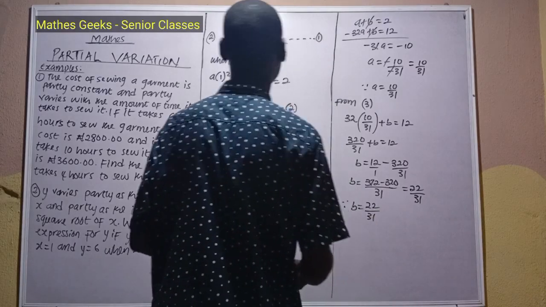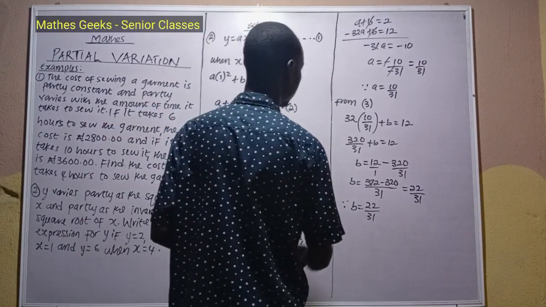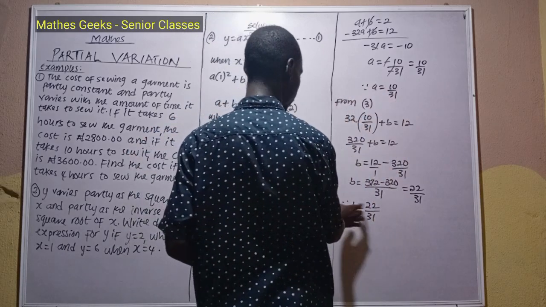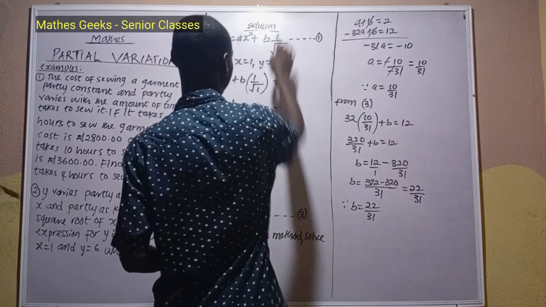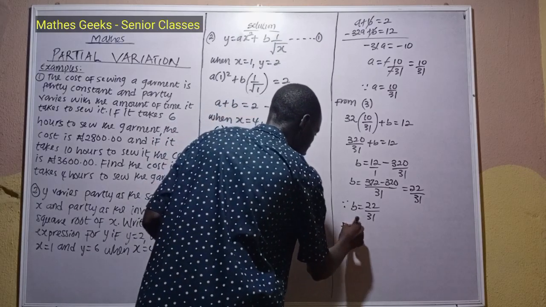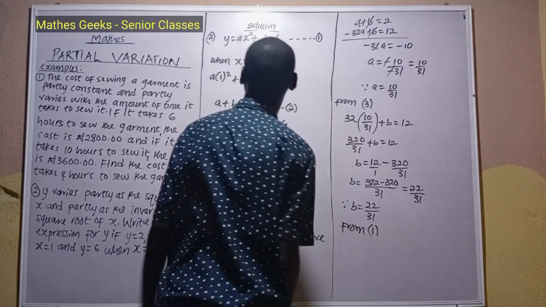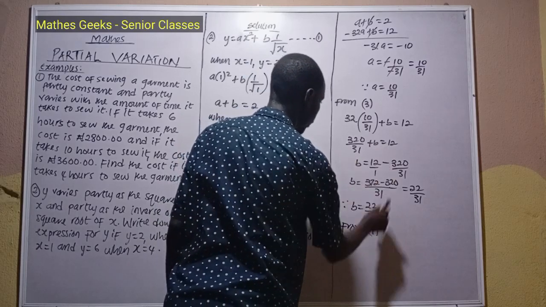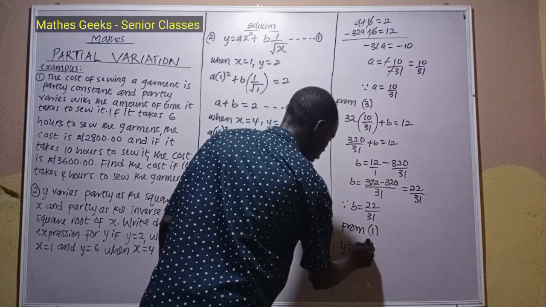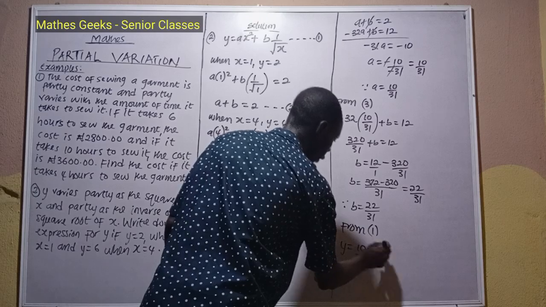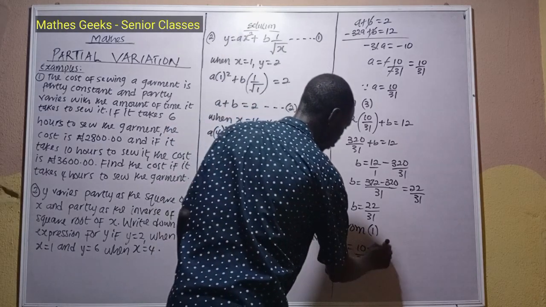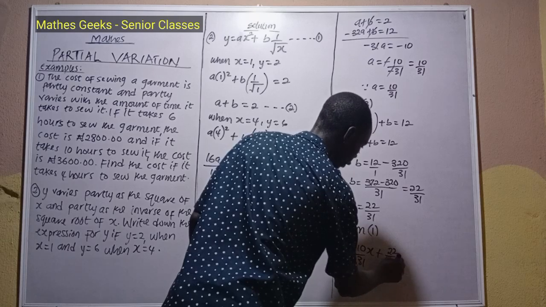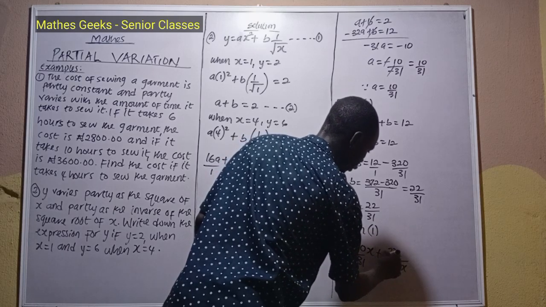So now we've gotten the values of the constants a and b. So a is 10 over 31, b is 52 over 31. So when you put them into equation 1, y equals 10 over 31 x squared plus 52 over 31 root x.